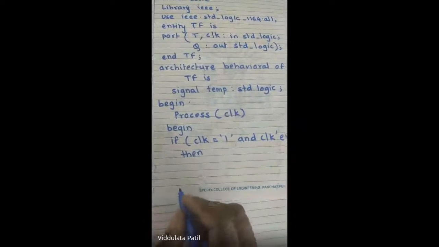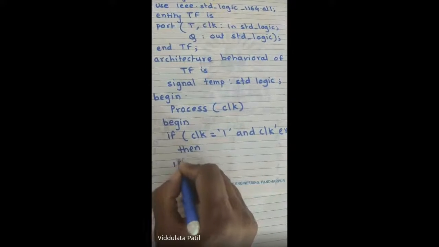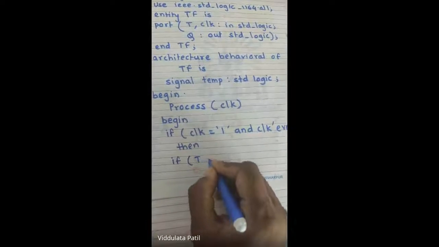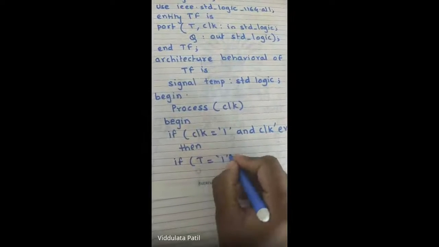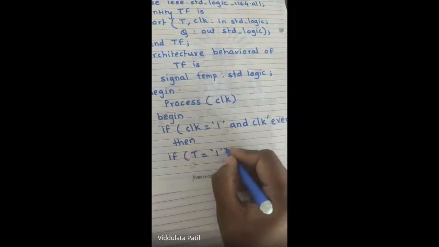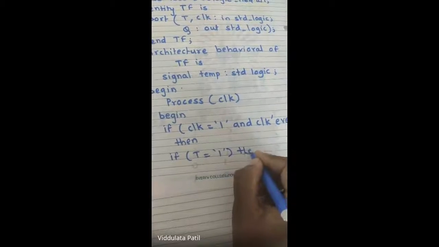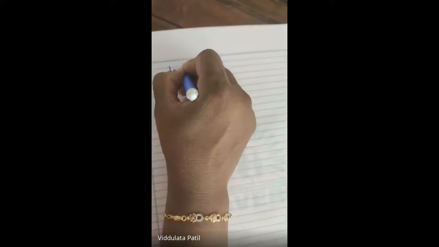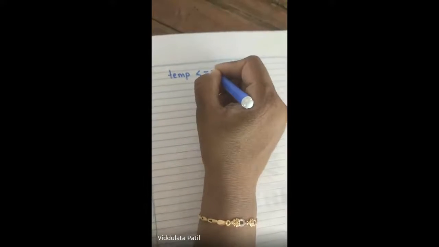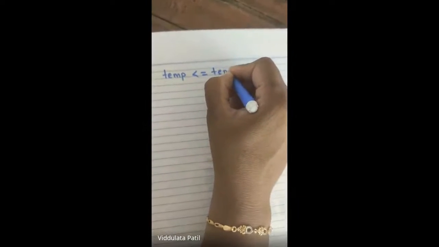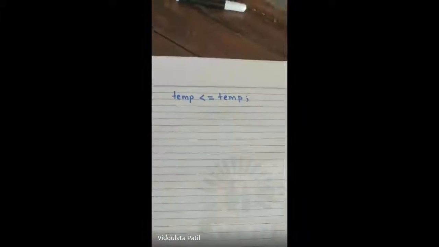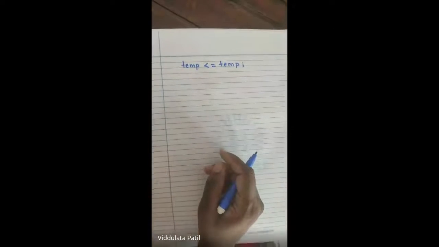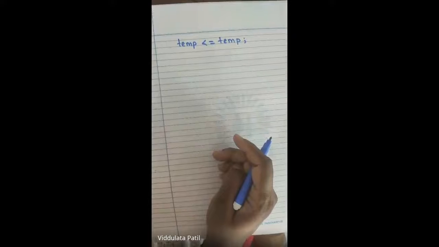In that case, if t is equal to 0, then temp is equal to same, that is temp. Okay, that means whatever signal that we have assigned, it will remain the same.